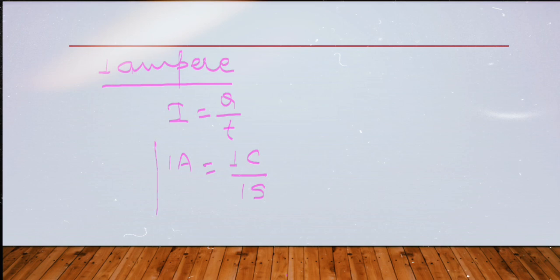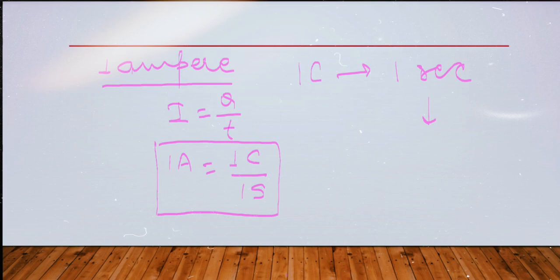So this is how we define it. In words, we can write it as: when 1 coulomb of charge flows through any area of cross section in 1 second, then we say that the amount of current flowing through the conductor is equal to 1 ampere.